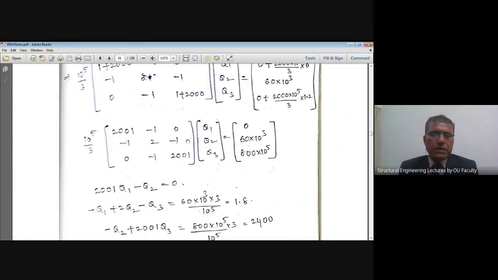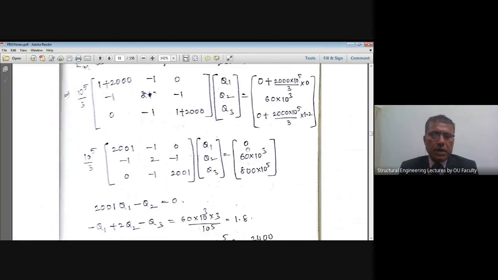Now solving here, F is equal to 0, 60 kilonewton, and a huge value, 800 × 10 to the power 5 newtons.